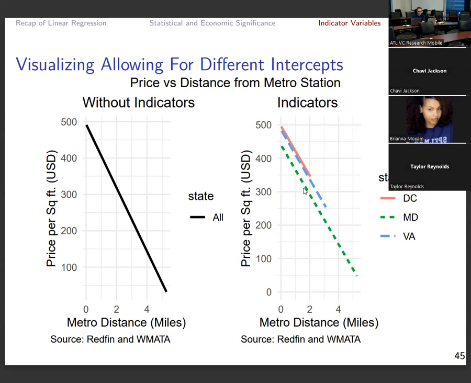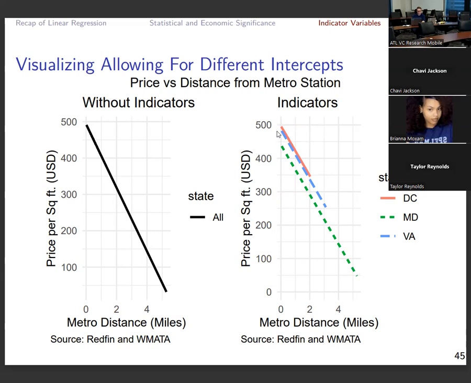But let me ask you this off the top of your head and whether or not it's even possible. There's not a lot of difference between the intercept for Virginia compared to DC. Can you tell me, or do you even think that there's a statistically significant difference between the intercept term for DC versus Virginia?